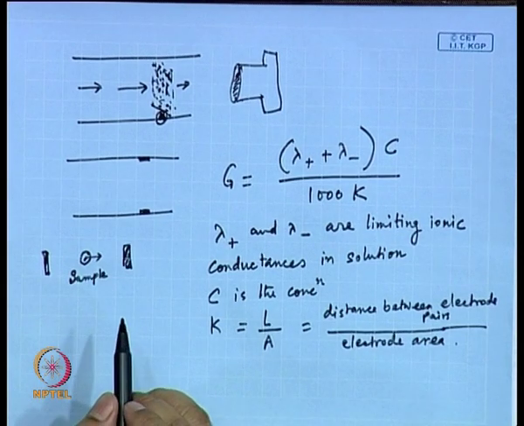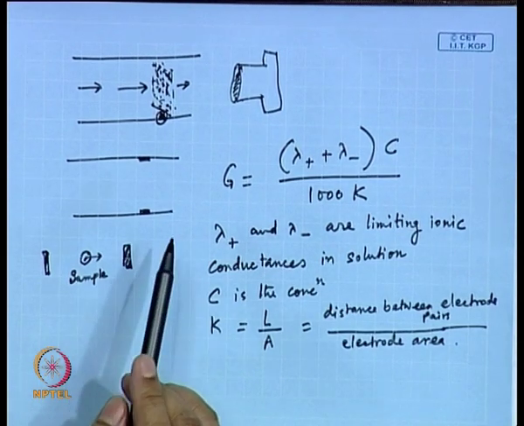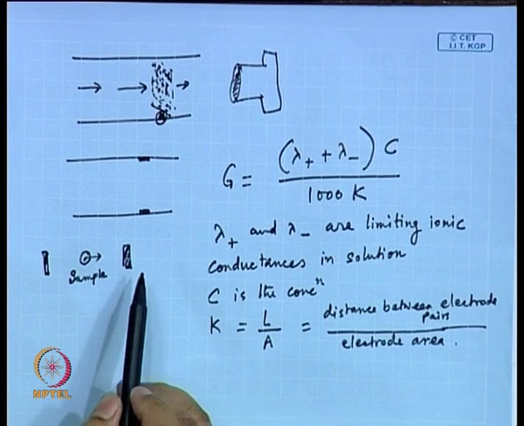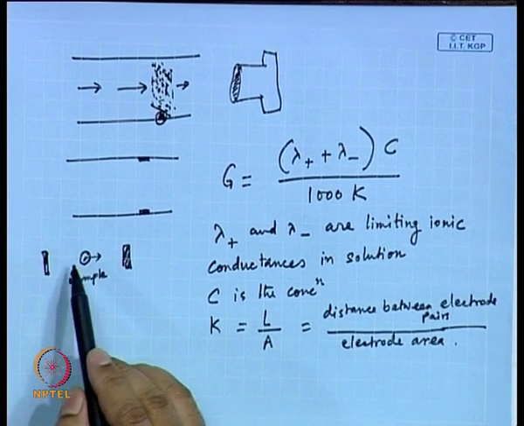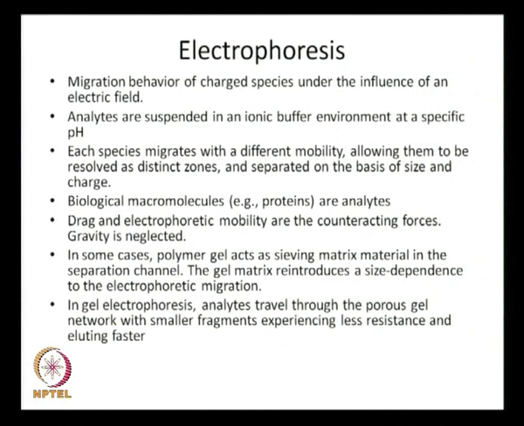So, that is what we are talking about: migration behavior of charged species under the influence of an electric field. Analytes are suspended in an ionic buffer element at a specific pH. Each species migrates with a different mobility.